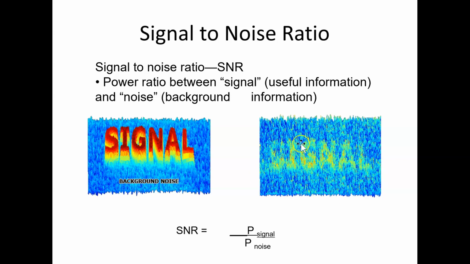As you can see here on the right, there is a lot more noise than there is signal, and so you get a very grayed out image, unable to actually see the detail. And this is called a power ratio between the signal, which is useful information, and the noise, which is background information. So it would be the signal over the noise, as you see here, the signal to noise ratio.